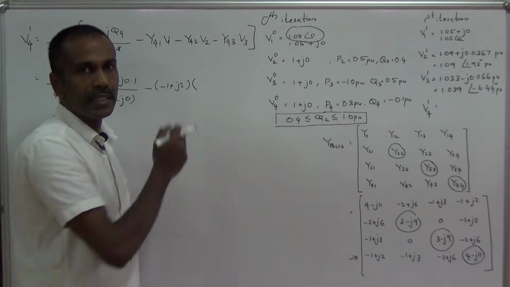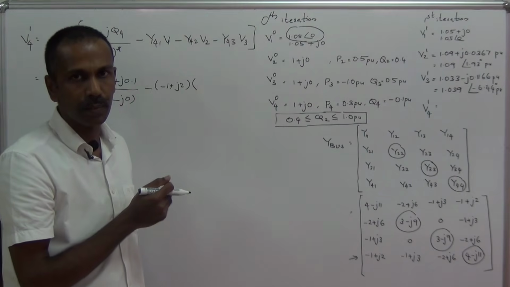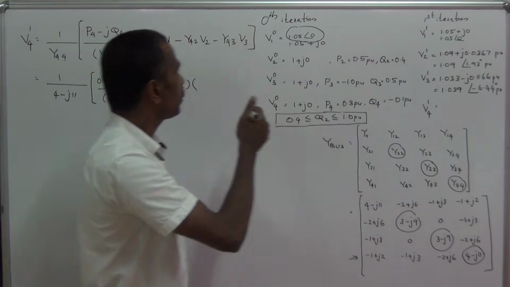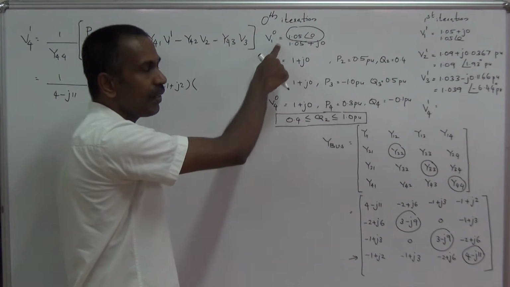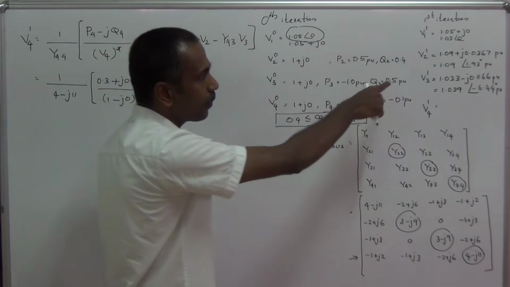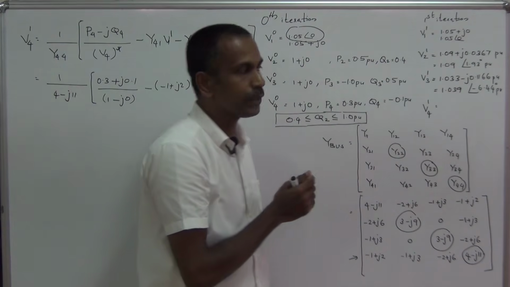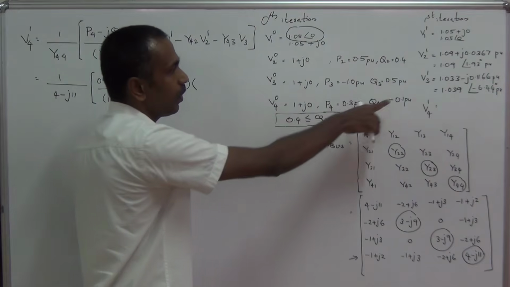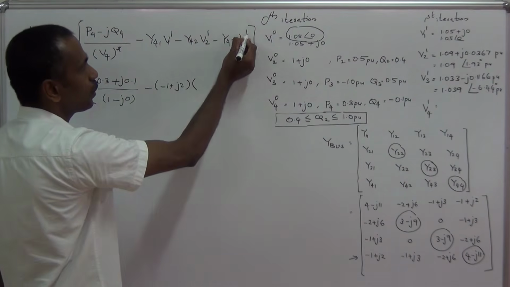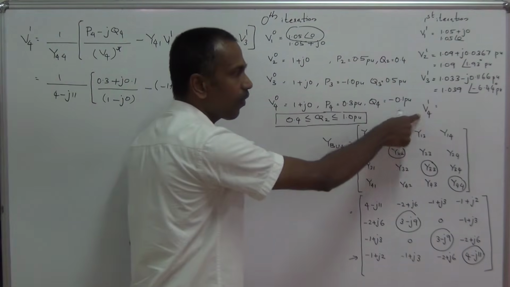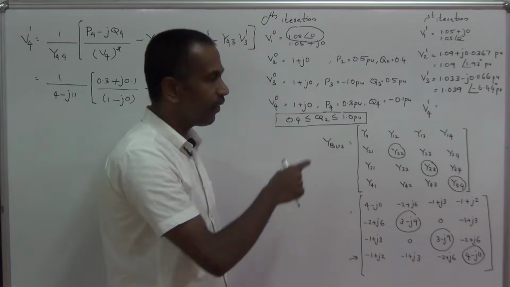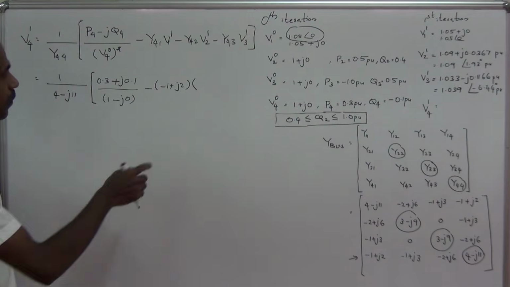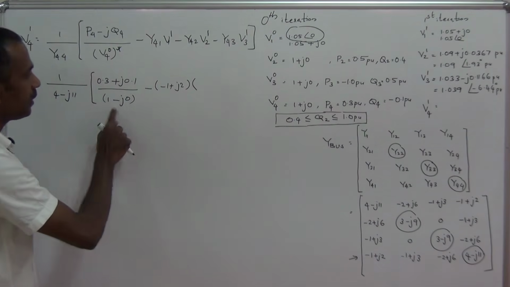So here also we should write the updated voltages available. V1^1 is available with us, so you choose V1^1, not V1^0. V2^1 is available, so you choose V2^1, not V2^0. And V3^1 is available, so you choose V3^1. But V4^1 is not available, only V4^0 is available, so choose V4^0. That's why this 1 minus j0 is written here.